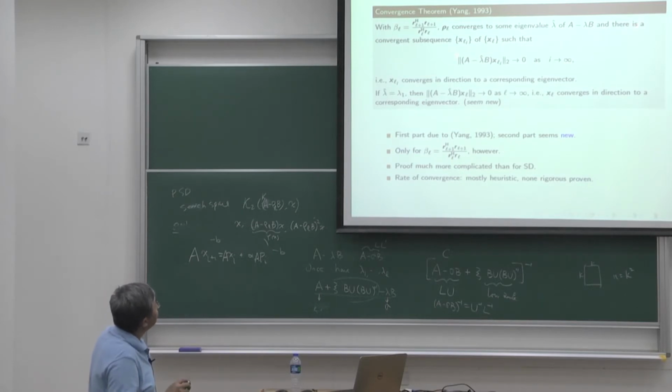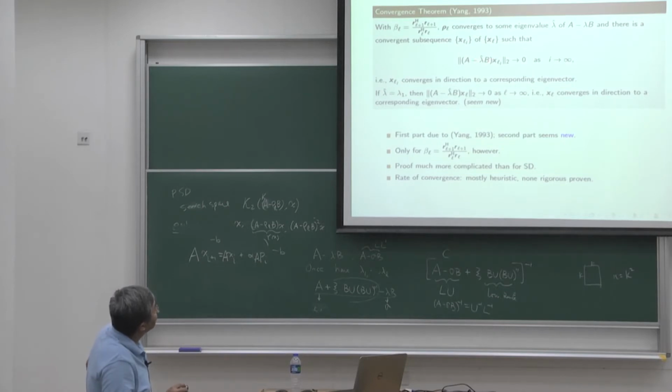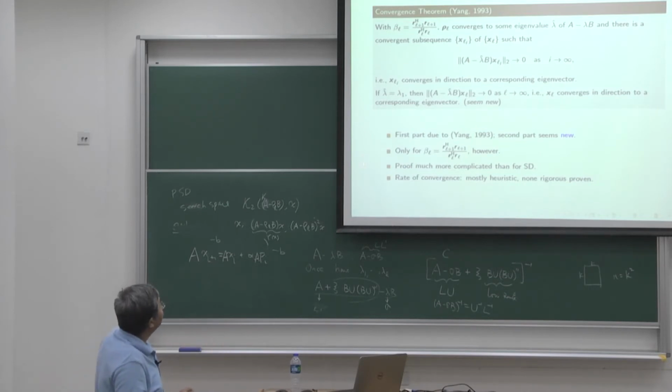And there's a subsequence. Here's a difference from SD. In the SD case, A minus lambda times XL had to go to zero for the whole sequence, not just a subsequence. This is the difference from SD. It's only the subsequence, the residual of the subsequence goes to 0, not the whole sequence. And this XLI, the subsequence, converges to the corresponding eigenvector.